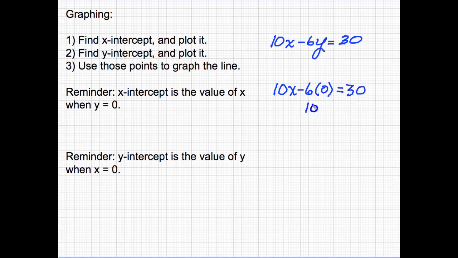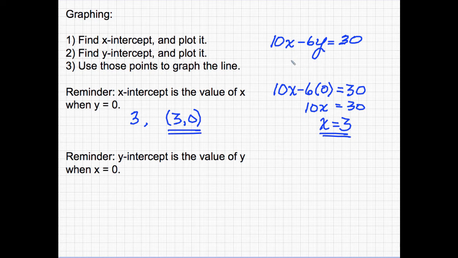So now we have 10x minus 0 equals 30, and you can see that x equals 3. So our x-intercept is 3, and we can write it as either 3 or as the point 3, 0. And this is the point that we're going to plot.